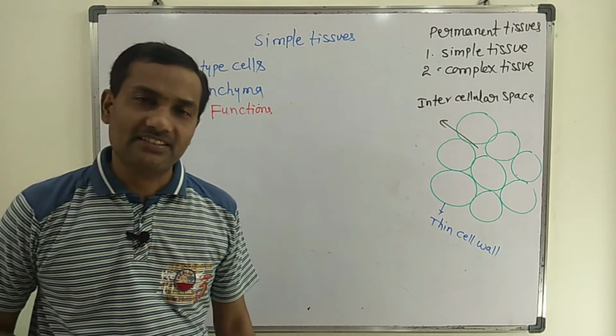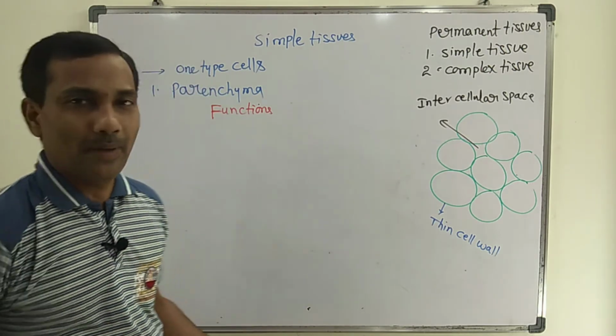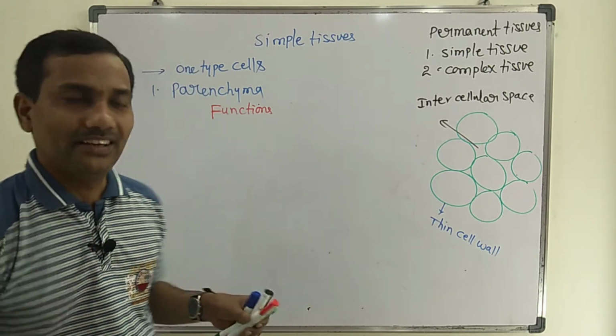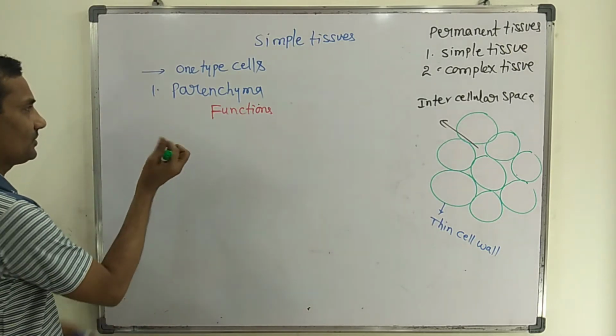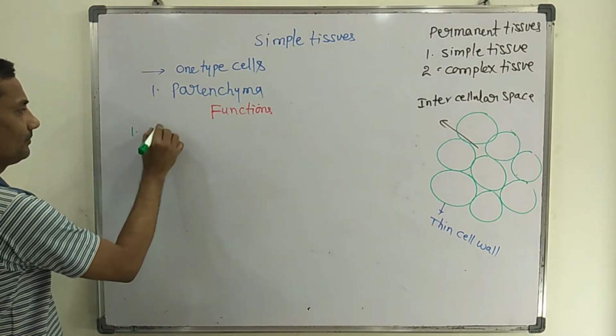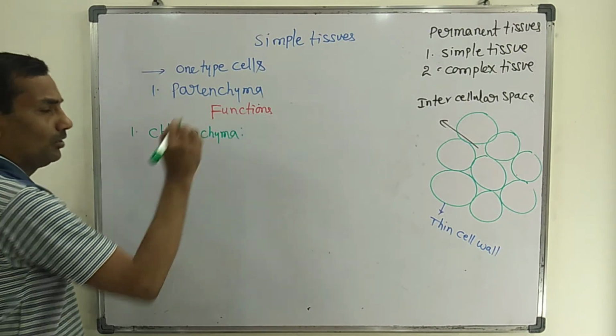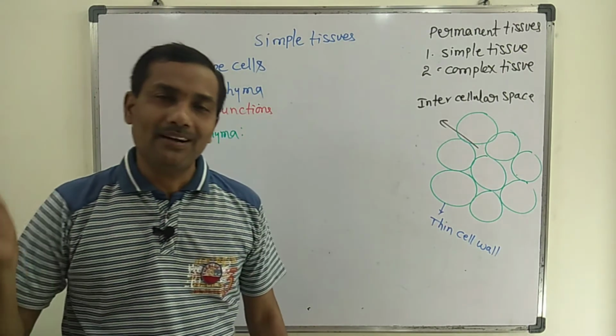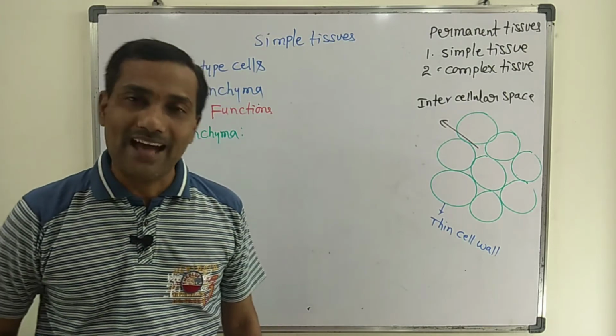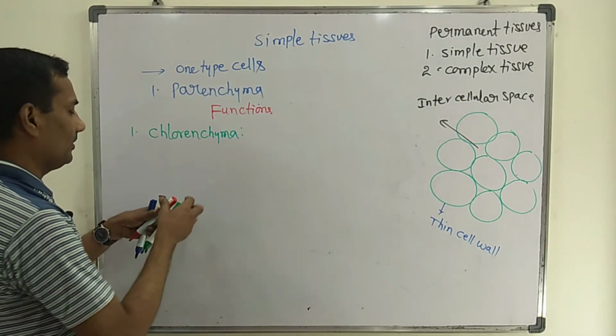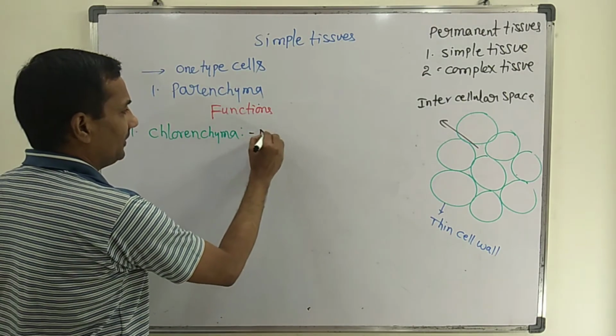Now we will discuss the various functions of the parenchyma in detail. First, based on the functions, chlorenchyma. Chlorenchyma is a type of parenchyma. The best example is mesophyll tissue.